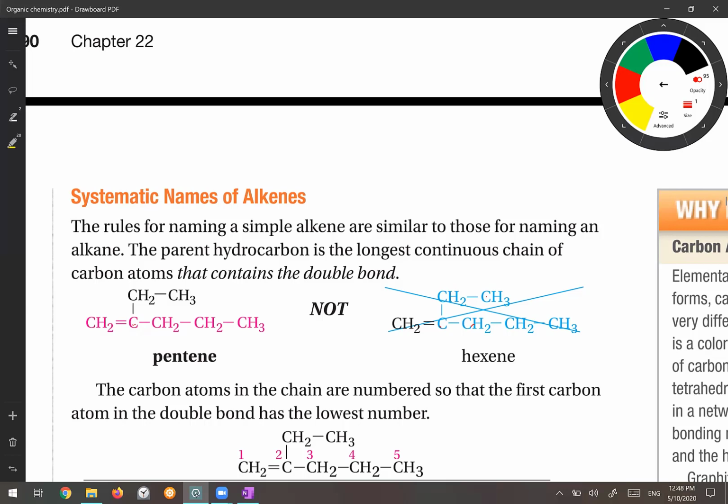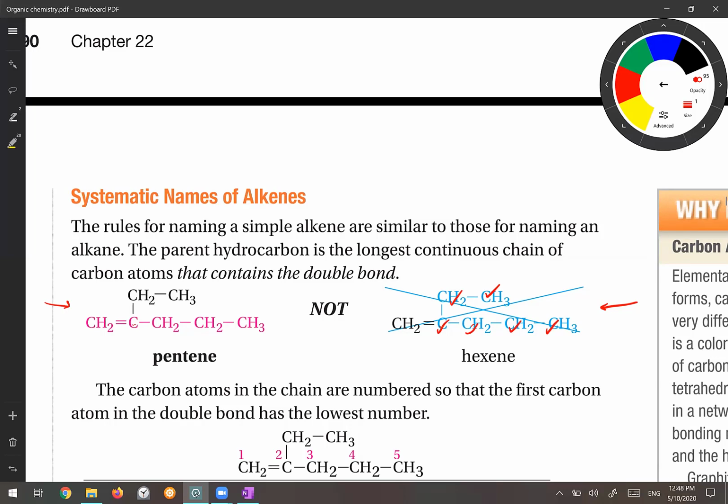maybe there is a longer chain in the alkene or alkyne, but if it doesn't contain the double bond or triple bond, you are not allowed to choose that one as a parent. So look at the molecule shown on the right side here. The blue chain shown here is longer than the red chain shown on the molecule at the left side. So here you have 1, 2, 3, 4, 5, 6 carbons.